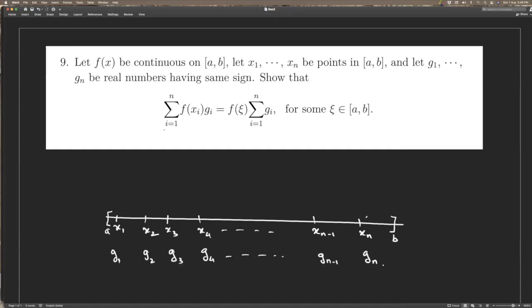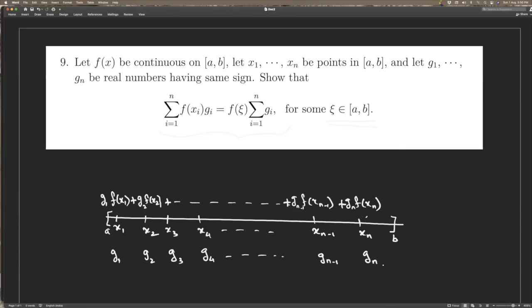Then we have to show that this relation holds for some xi in the closed interval [a, b]. What is that relation? You evaluate f at these points, that is f of x1, f of x2 and so on, and multiply each of them by the corresponding real number that we have chosen and add them up.